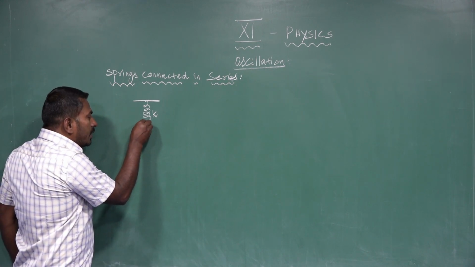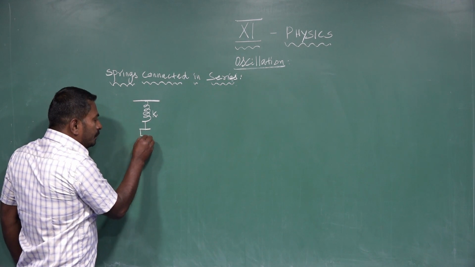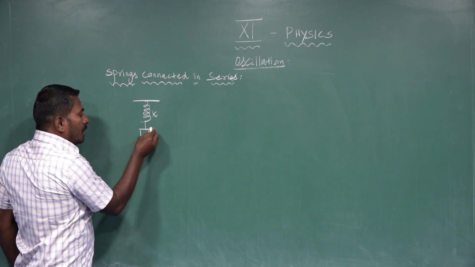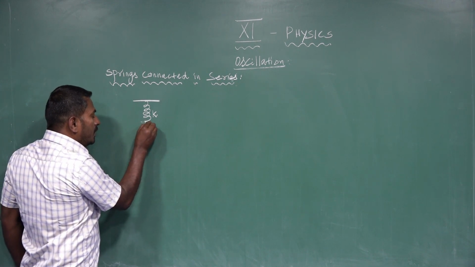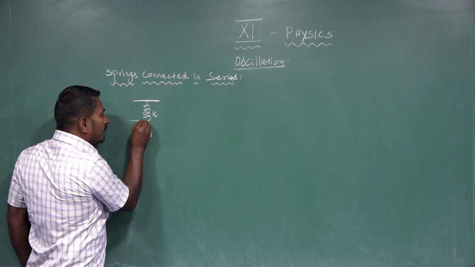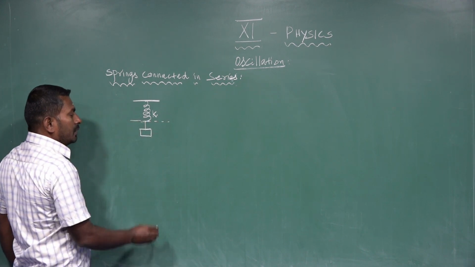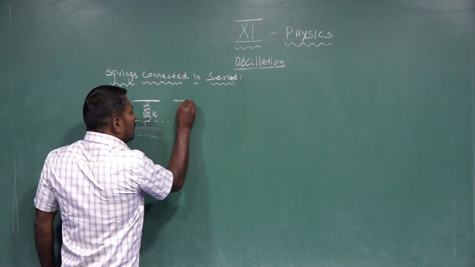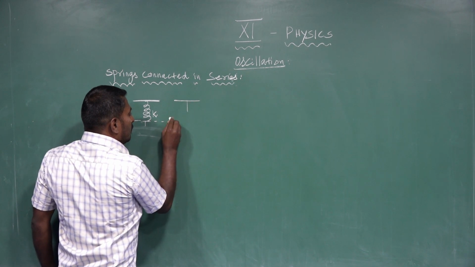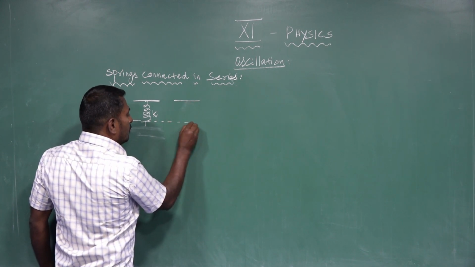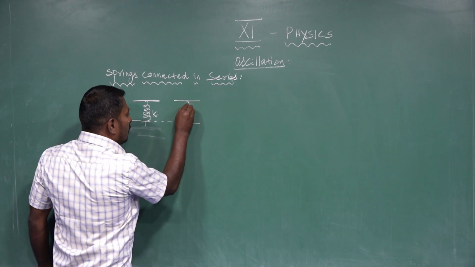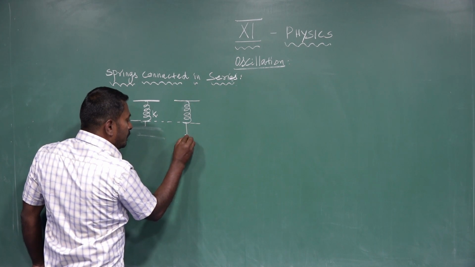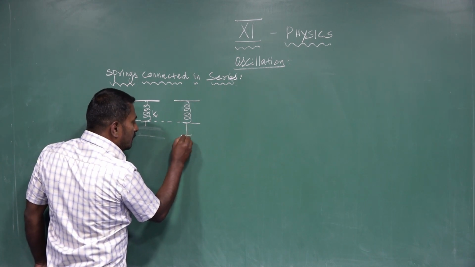A load is attached to the lower end of the spring. Before the load is attached, see the free end of the spring, that is the lower end of the spring. After connecting the load, the lower end of the spring is attached to the load.